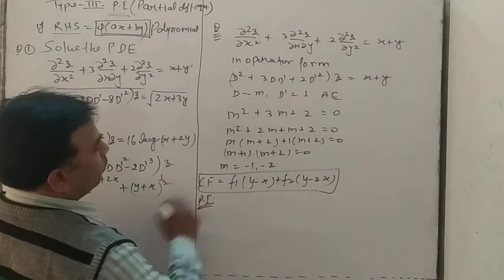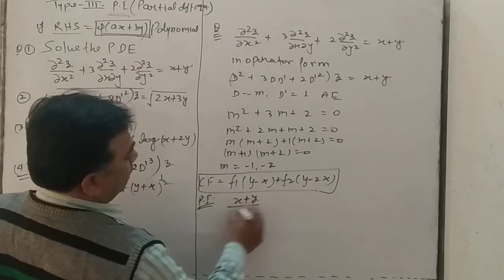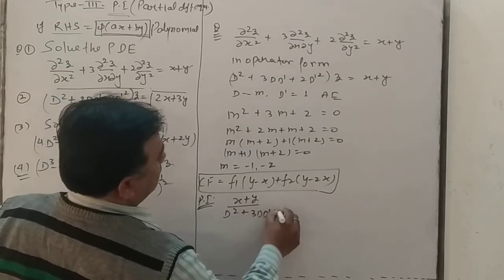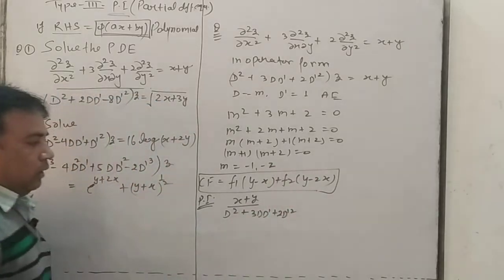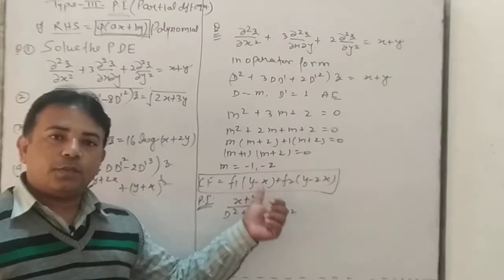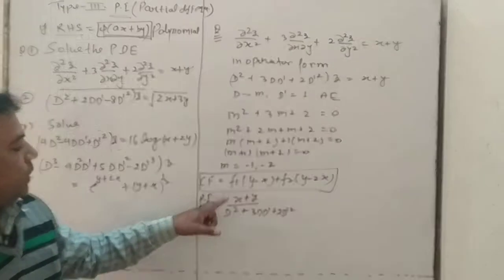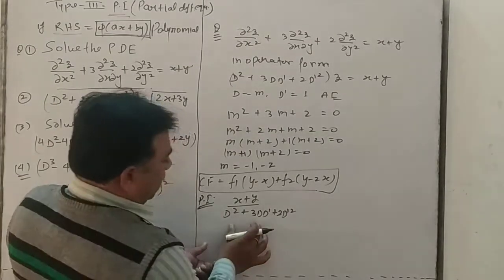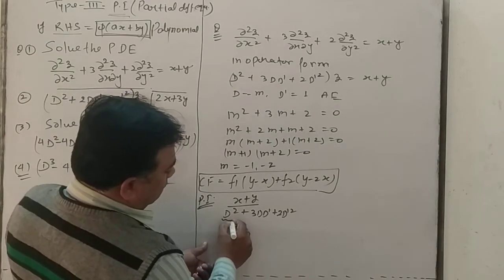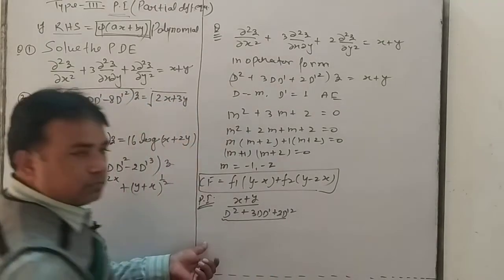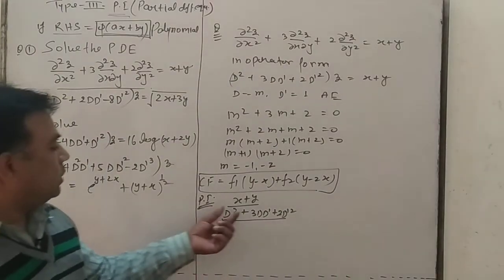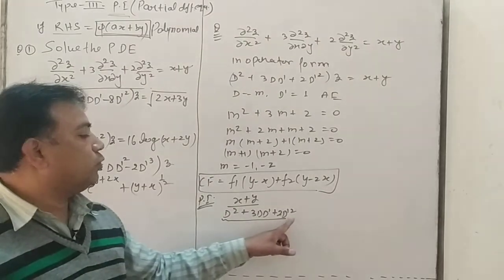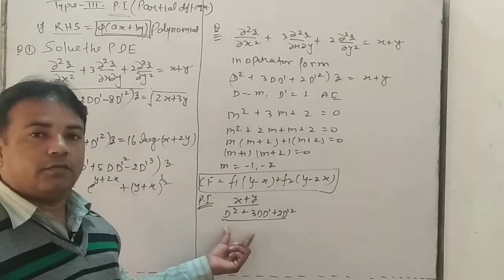PI, the particular integral, is 1 upon (D square plus 3DD dash plus 2D dash square) of x plus y.